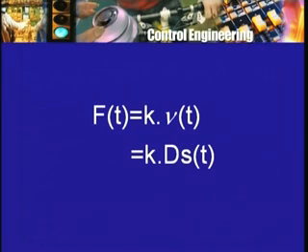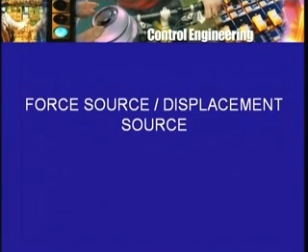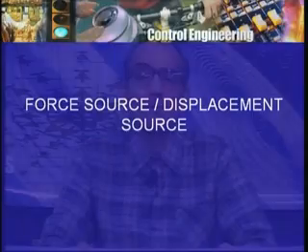And there is one more, namely a force source or a displacement source. Some external force may be acting on the mass or the body, or one end of the mass itself or the body may be moved physically by some other device and undergoes some displacement.